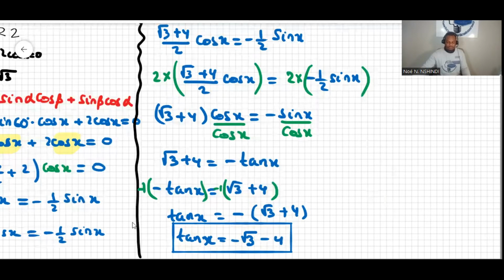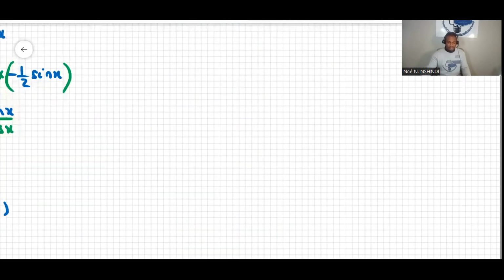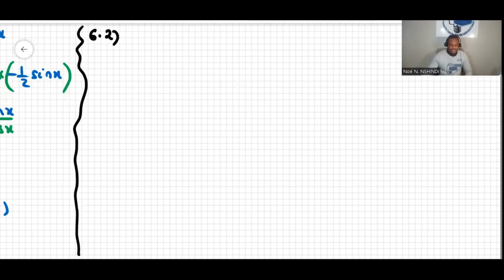Now I'm gonna move my board there, and then let's do question 6.2. We did get already tan x equal to negative √3 minus 4, and then we want to determine its solution in the interval negative 180 degrees less than or equal to x less than or equal to 180 degrees.